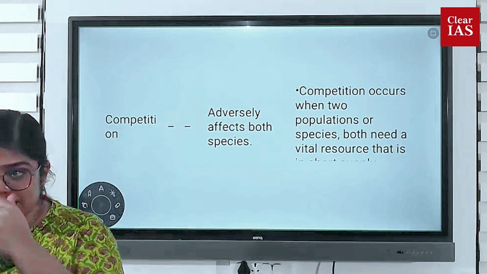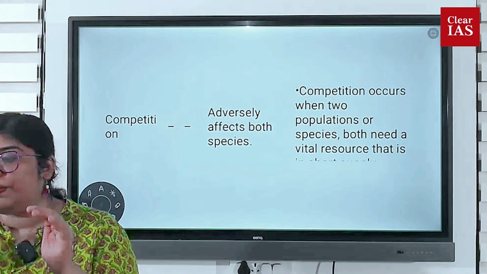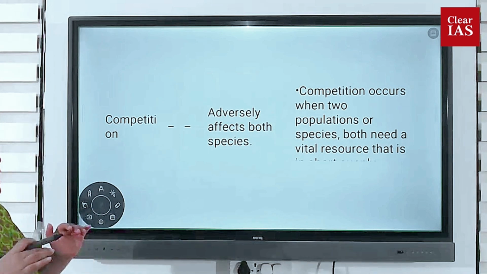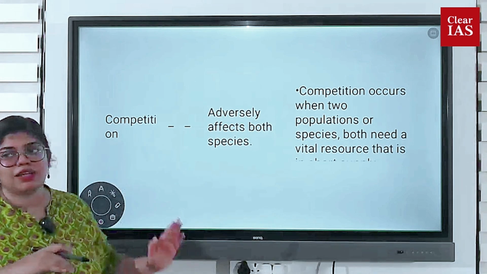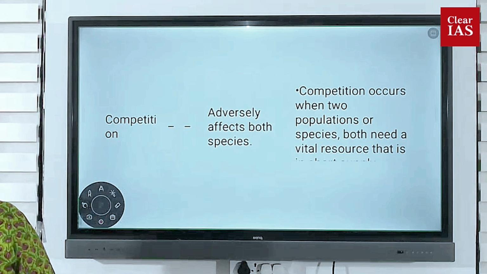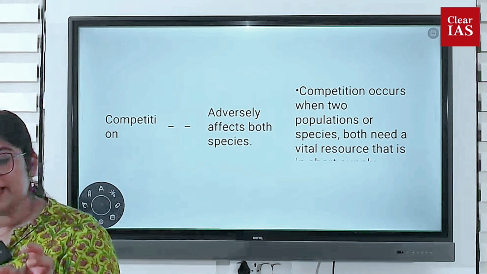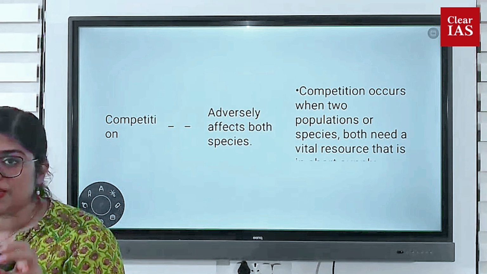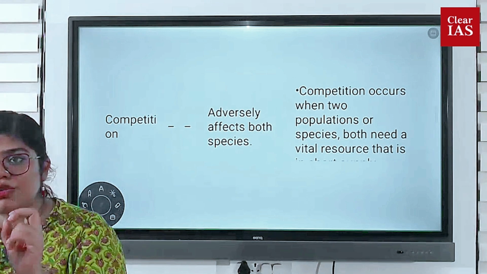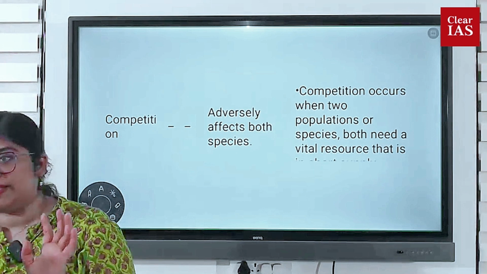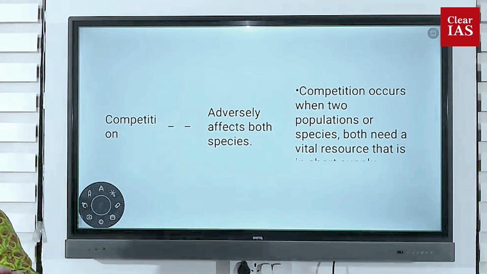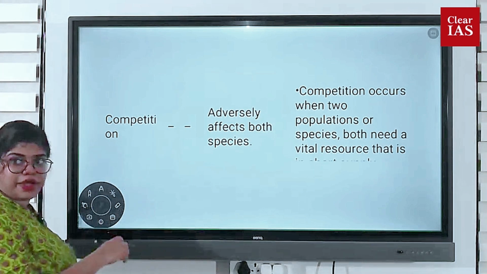Both are getting affected, right? Competition will always be negative for both parties. Competition adversely affects both parties because they are targeting the same resource. If the resource is exhausted, both are affected. Fine, that is competition. You're getting my point, right?